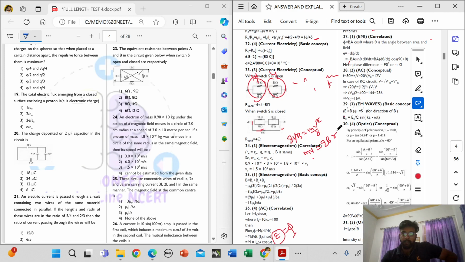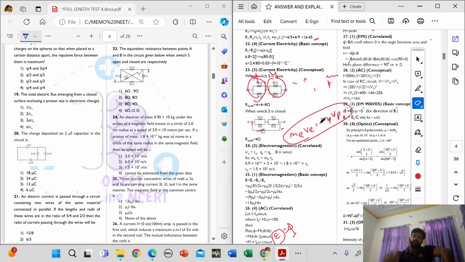Because here it is given that the magnetic field is the same and the radius is the same, and we want to calculate the speed, the charge, the magnetic field and the radius are all constant. So m_e v_e can be calculated by this relation.